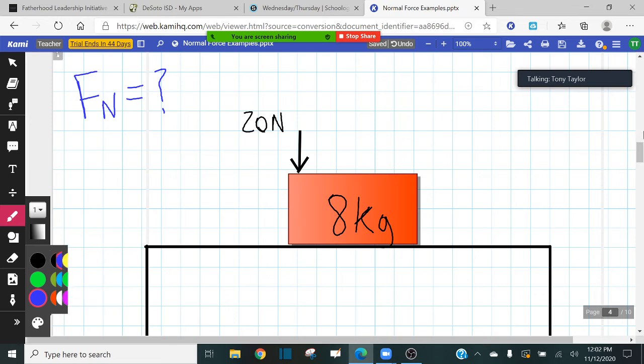I want to know the magnitude of the normal force. Now, guys, remember what I said. In order to solve these problems here, whenever you guys see this on your assignment, it's telling you these are external forces involved here. But what you want to do, you want to draw the additional forces that you know are also acting on your object in order to define the normal force. And of course, there's two more forces acting on this object. We clearly know gravity is pulling the object downward.